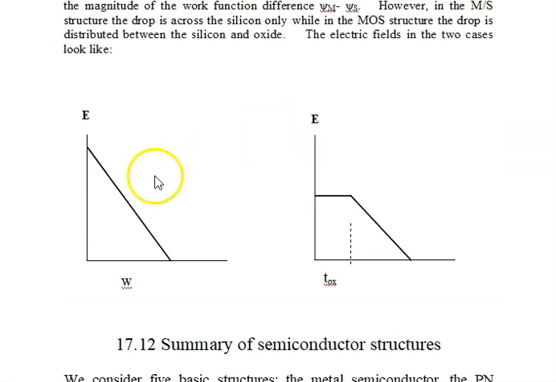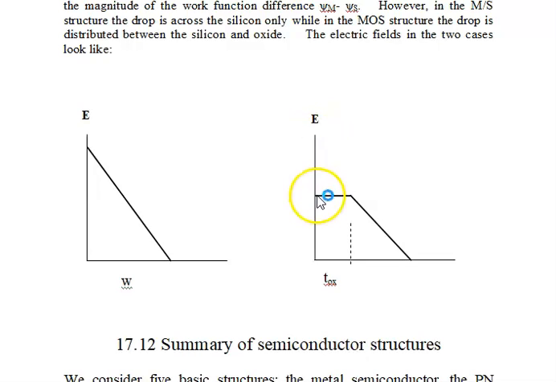So this particular structure is for P silicon, and you can see that the maximum electric field is at the metallurgical junction. Here, however, in the MOSCAP, I have two voltage drops, one across the oxide and the other across the silicon. And again, this is for P-type silicon because the electric field is positive.